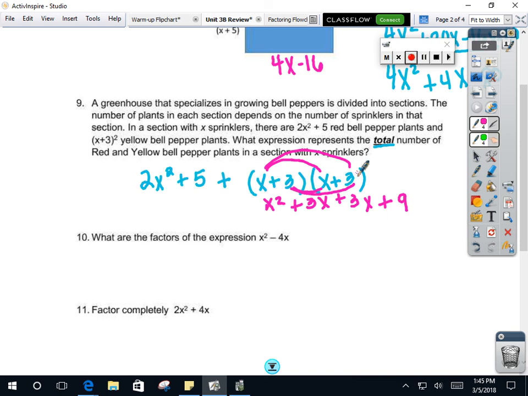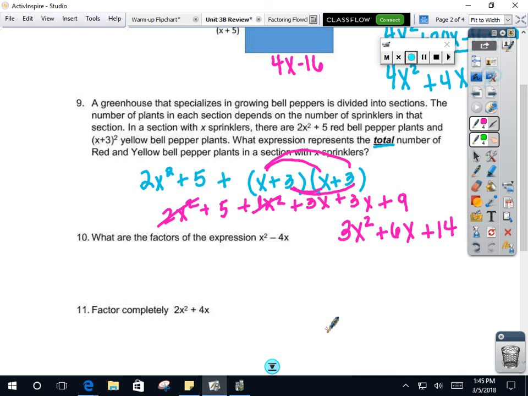So now look, we distributed those together and it made this, and now aren't we just going to add it to these terms? So that becomes 2x squared plus 1x squared, which is 3x squared. So the x squareds are combined. 5 plus 9 is 14, and I'm going to put it at the end to leave room for the x to the first term, and that is a 6x.